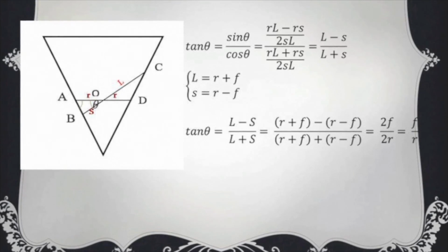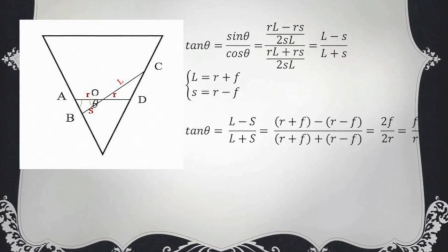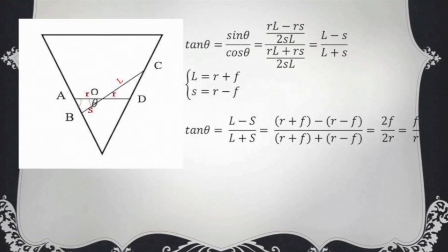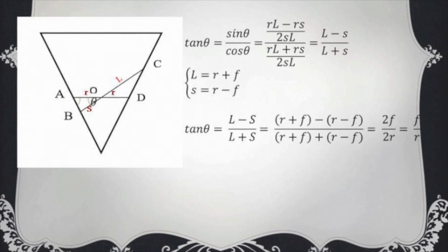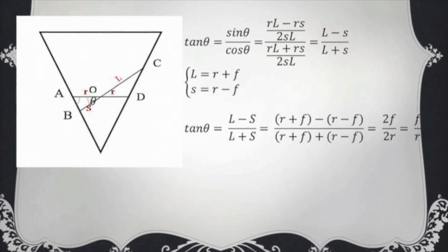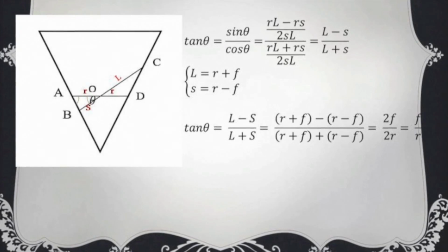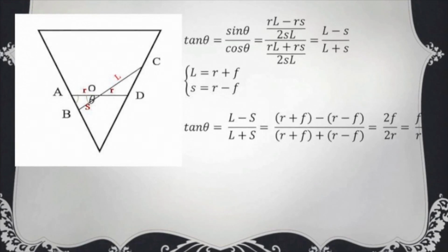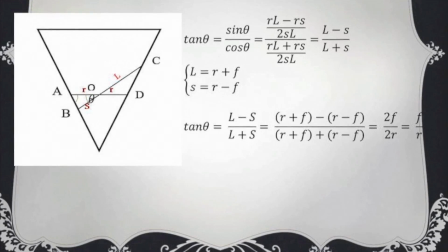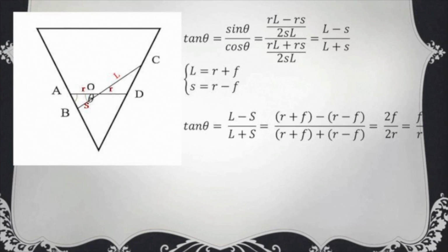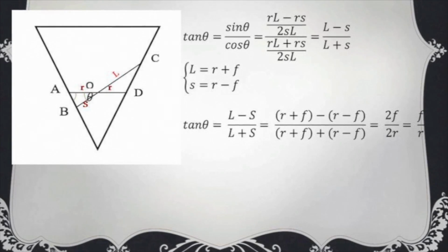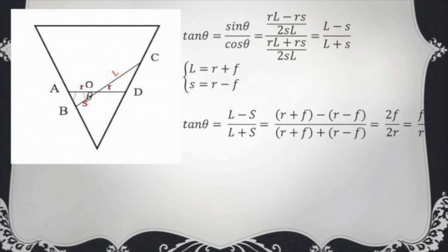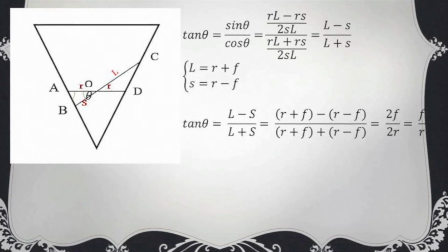And then as we know that L equals R plus F and S equals R minus F, so the tangent theta becomes ((R plus F) minus (R minus F)) over ((R plus F) plus (R minus F)) equals 2F over 2R. So finally tangent theta equals F over R.